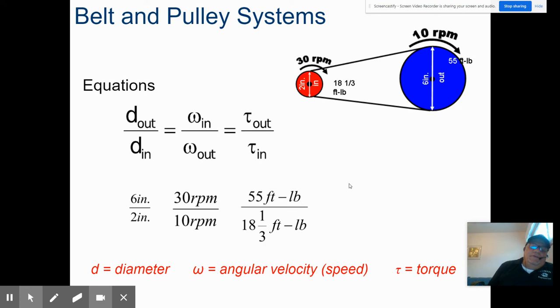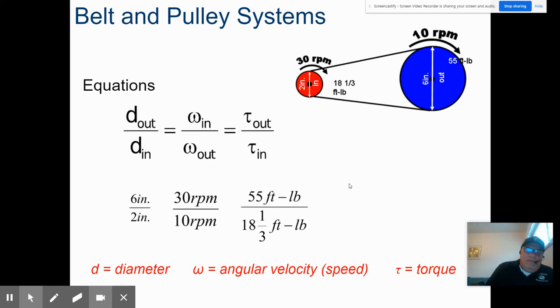That produces 30 revolutions per minute. I'm sorry, the output is 30 revolutions per minute. Out over in. And then the angular velocity is in, which is the 30 RPM over 10 RPM.